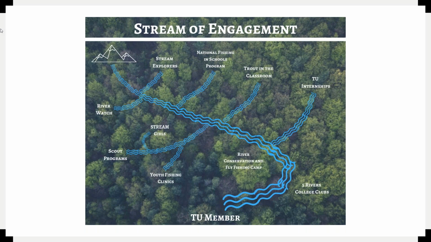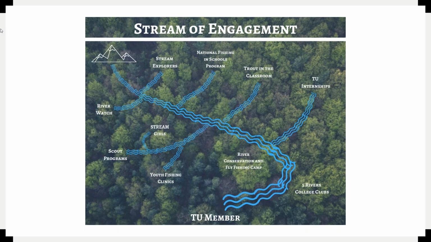Encompassing a range of programs and projects known as the Stream of Engagement, Headwaters serves children, teenagers, and young adults. We have the nationally recognized Trout in the Classroom and adopted trout programs. We have summer fly fishing and conservation camps, teen leadership summits and fly fishing clubs, and scout programs. We involve youth to help perpetuate TU's mission and to protect and restore our nation's cold water resources.